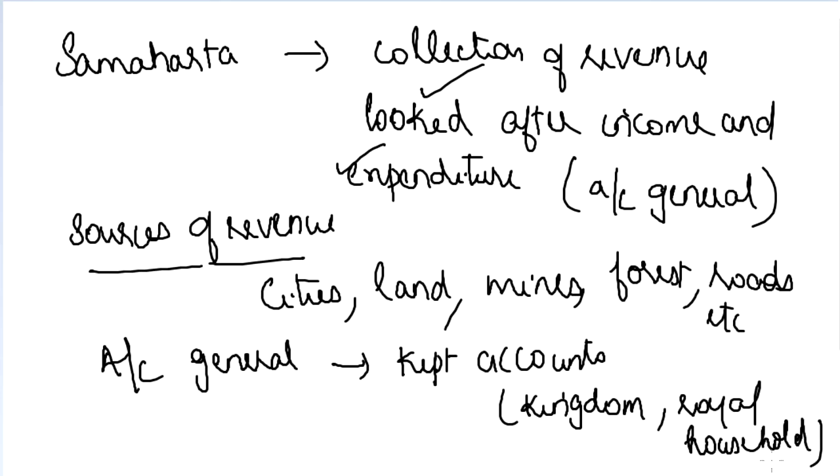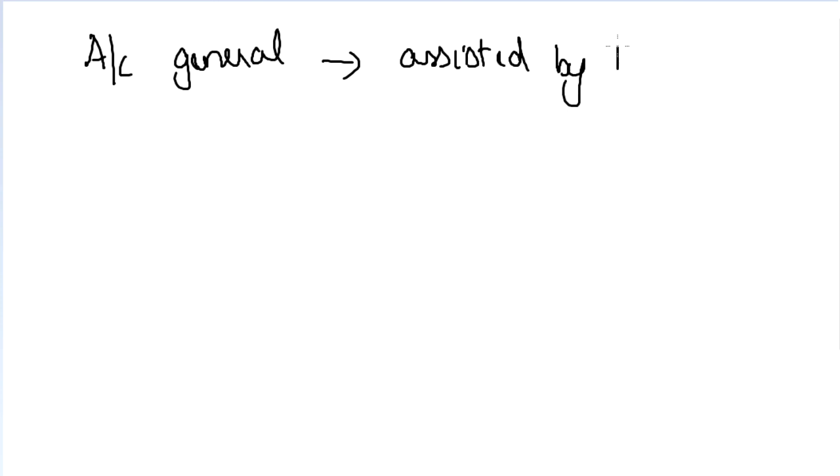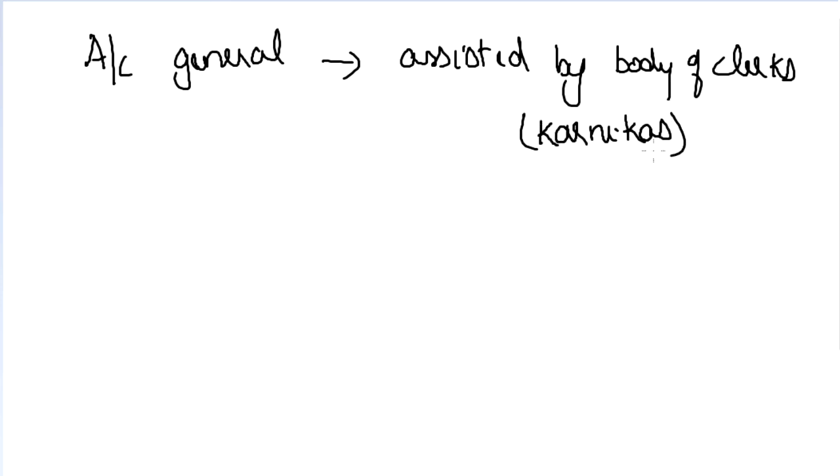He was assisted by a body of clerks, who were called Karmikas. They were helping the account general.